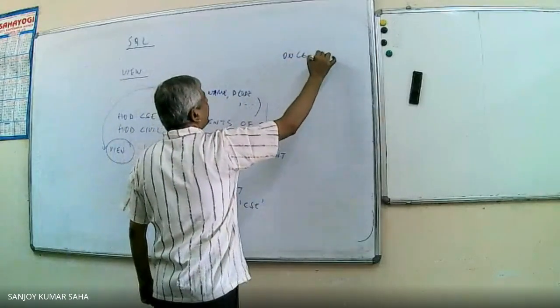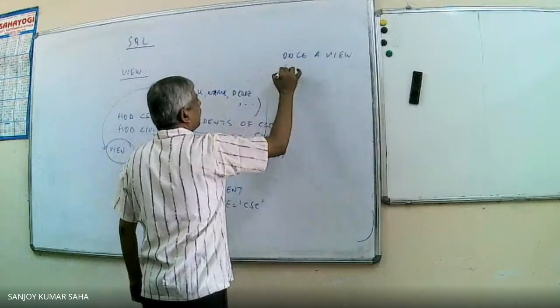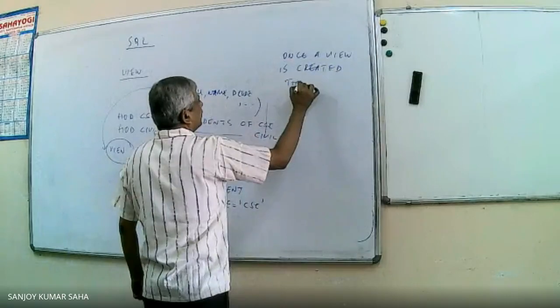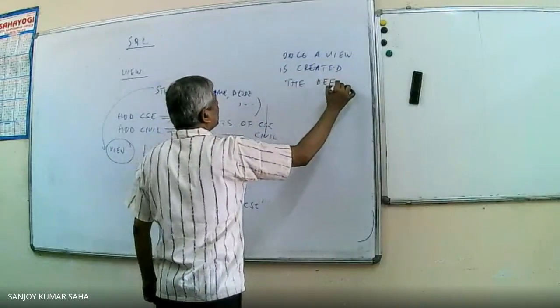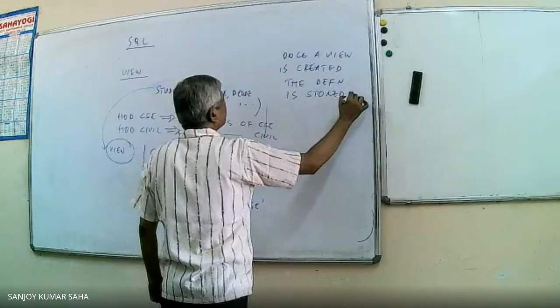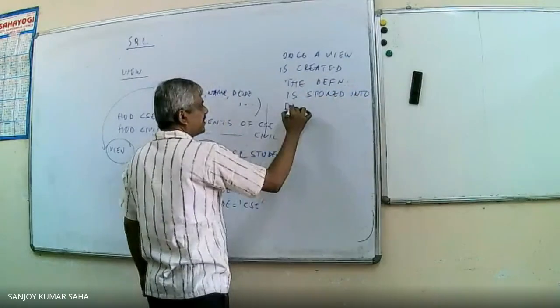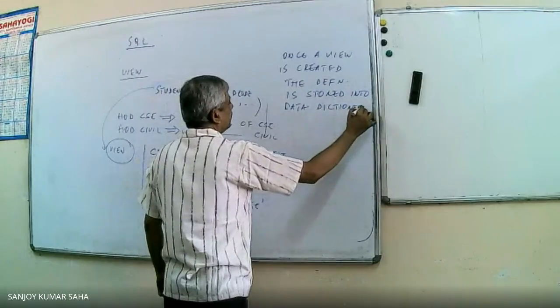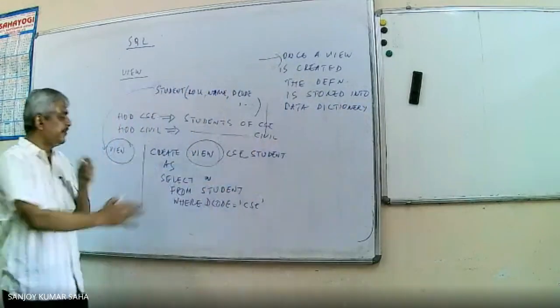Once a view is created, the definition is stored into the data dictionary. The definition is stored, that this is the definition.